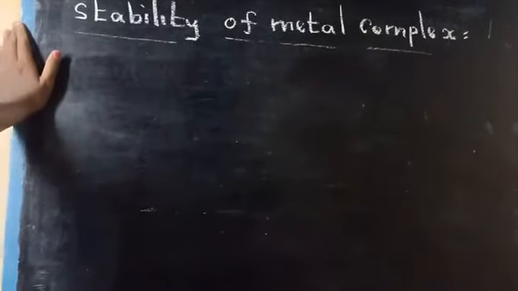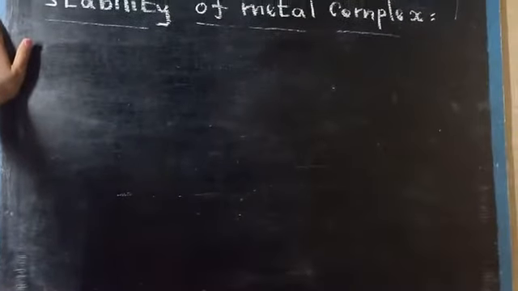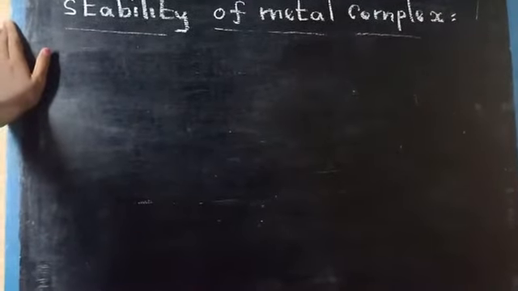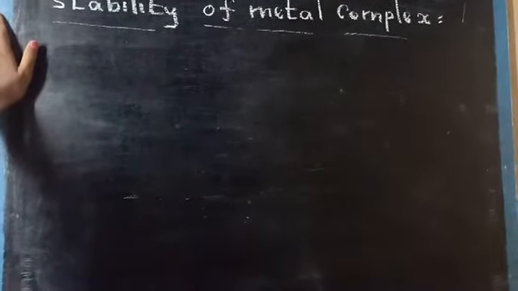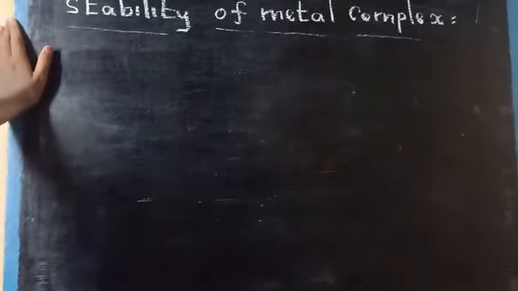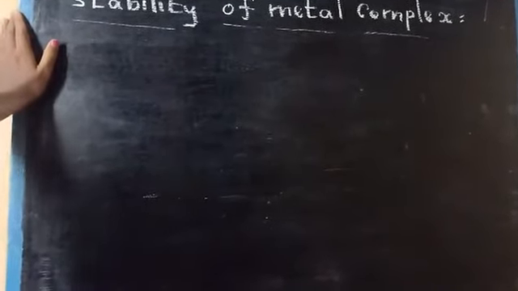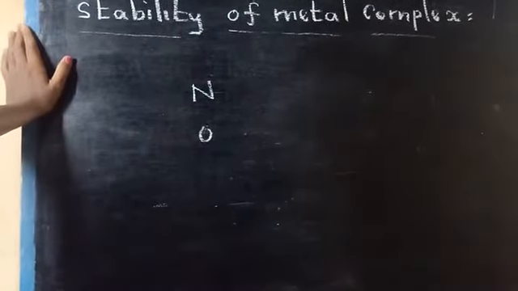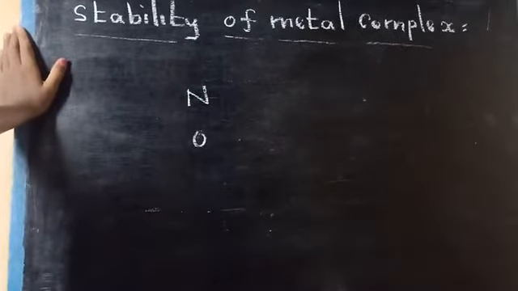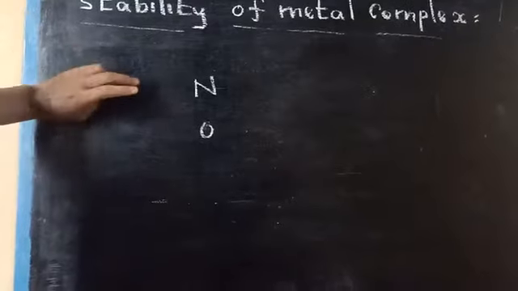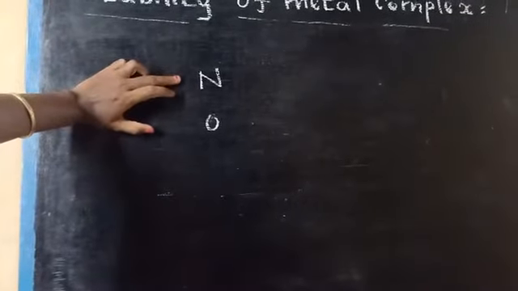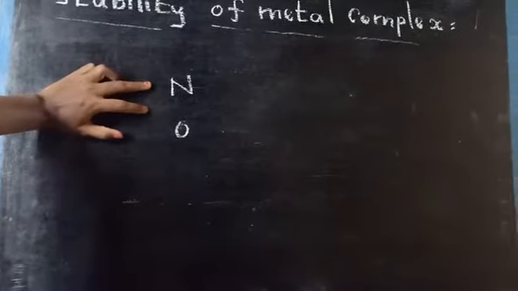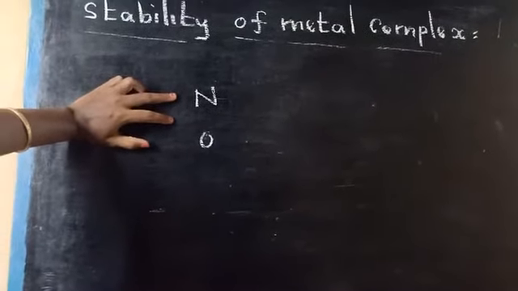Next topic, stability of metal complex. Normally, for example, nitrogen and oxygen: which one is more stable? Nitrogen is more stable. How? Nitrogen's outer electronic configuration is half filled. Whether half filled or completely filled, it is more stable.